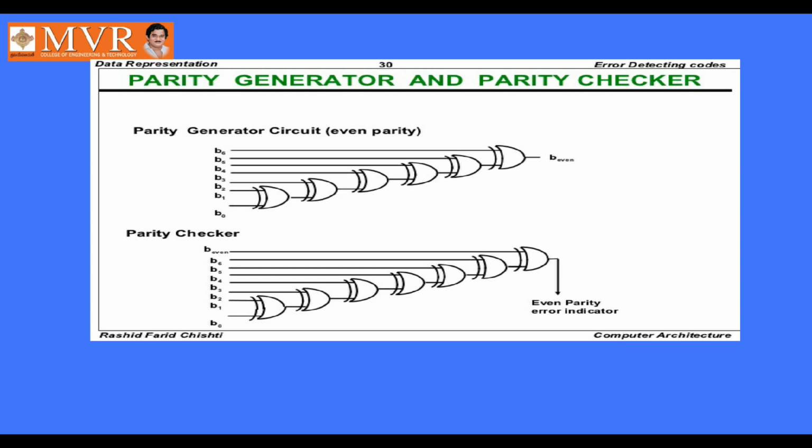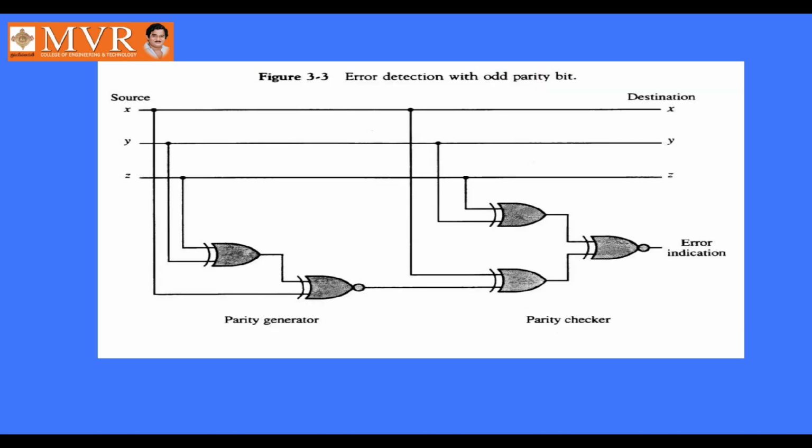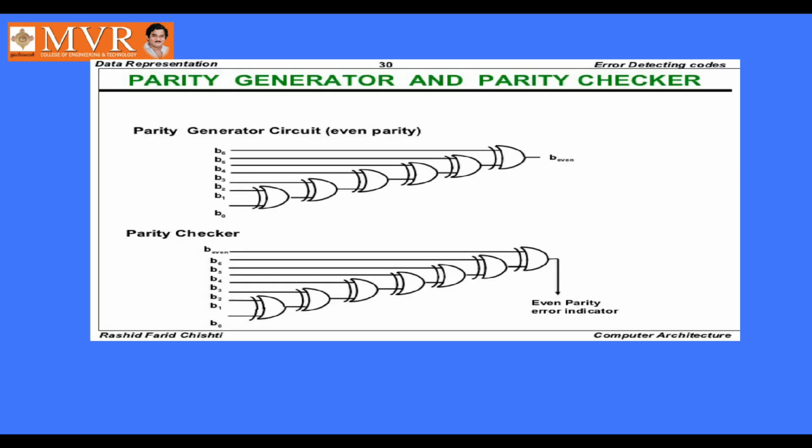For that purpose, with the help of these 7 bits and the even parity, all the 8 bits are now given to XOR gates. In the previous one, the odd parity method, XNOR is used at the generator end and the checking end, because we had taken only 3 input values, whereas in this slide we are using 2 circuits: one for the parity generator and another for the parity checker, with 7 input data bits.